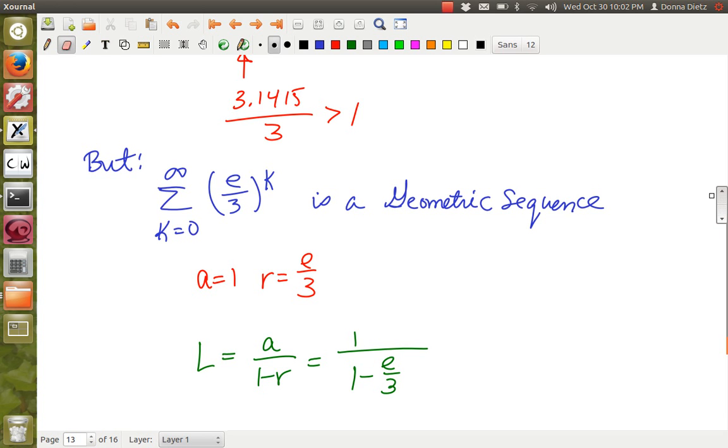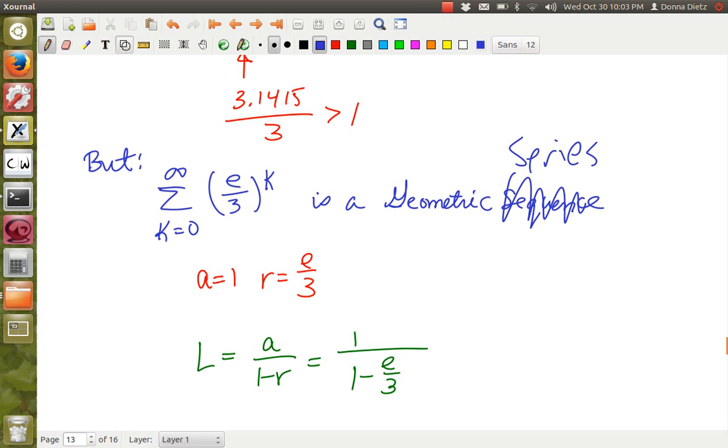So on an exam, if I said, you know, sum up this geometric sequence, sorry. See, I just broke my first rule. This is a geometric series. So I can just chuck that into my formula and it works.